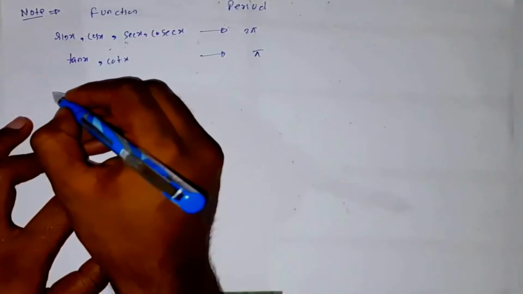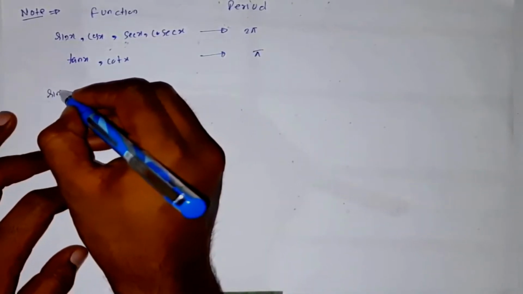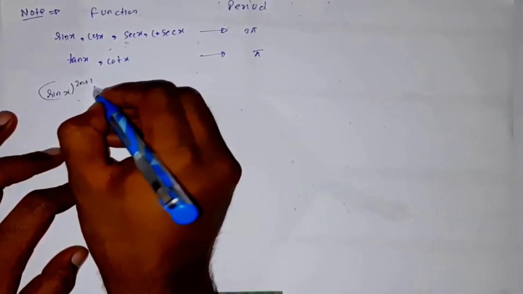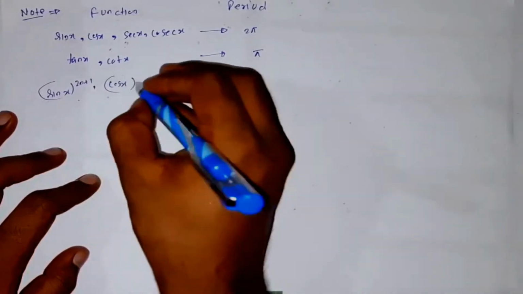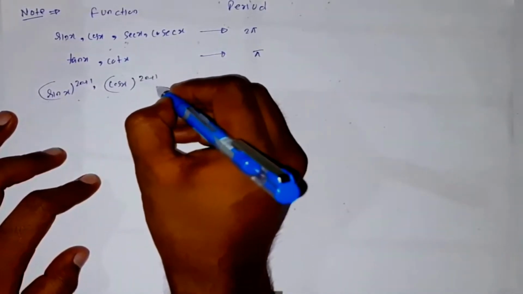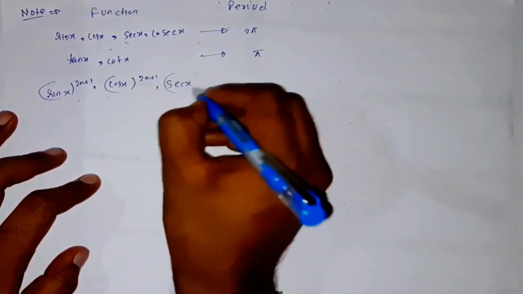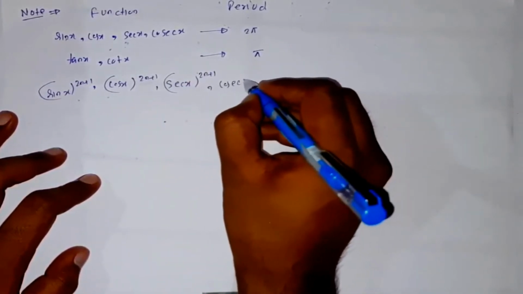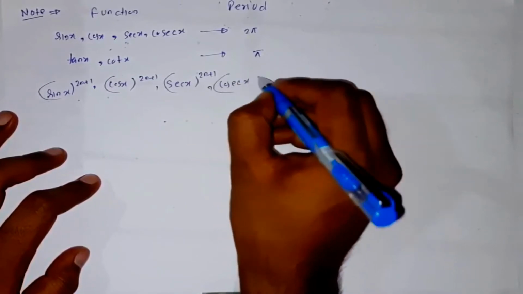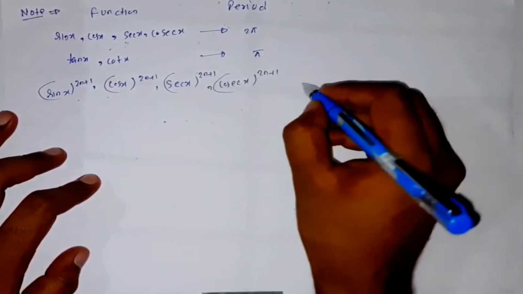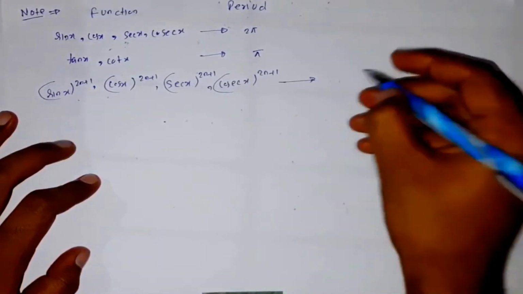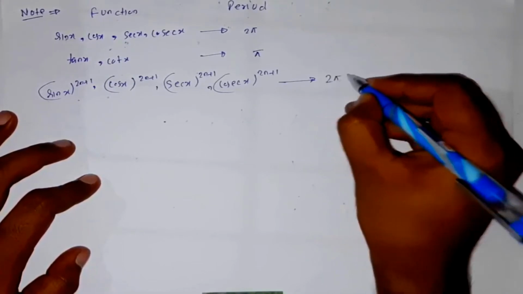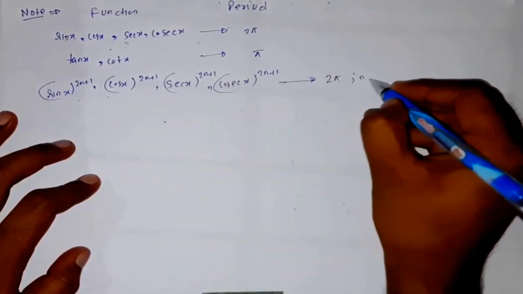Now sine of x the whole power 2n plus 1, cos of x to the whole power 2n plus 1, sec of x to the whole power 2n plus 1, cosec x to the whole power 2n plus 1. The period of these types of functions will be 2 pi, where n is an integer.